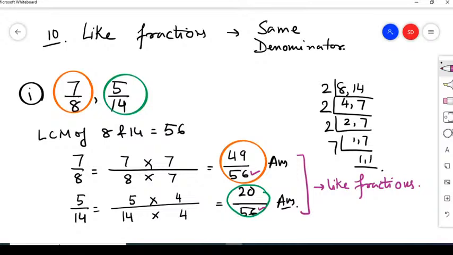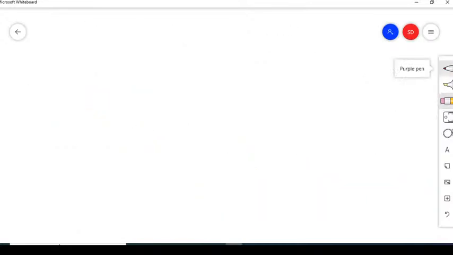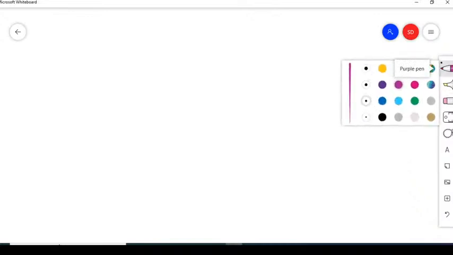Next, we'll do Try Yourself part 3. There are 3 fractions: 3 by 4, 5 by 6, and 7 by 8.